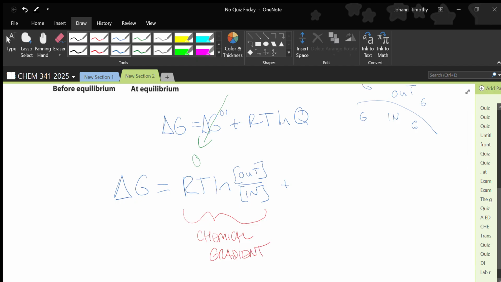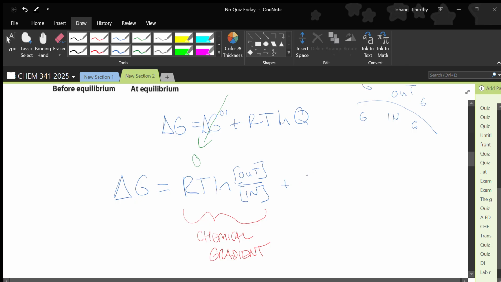And then we're going to have a term, we have the charge, +1, +2, -1, -2, times Faraday's constant, which is 9600 something or other, times the voltage. So this is the potential across the membrane in volts.